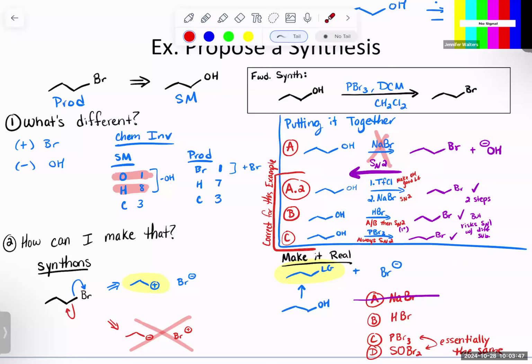Would this also work? Because I'm going to tell you, I'm sorry, I can't answer that question. But before the exam, you can ask me and say, hey, would HBr also work here? And I will tell you, yes, that is absolutely a reasonable reagent. That is another correct answer.